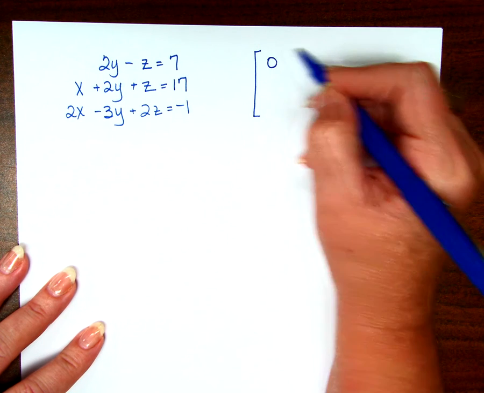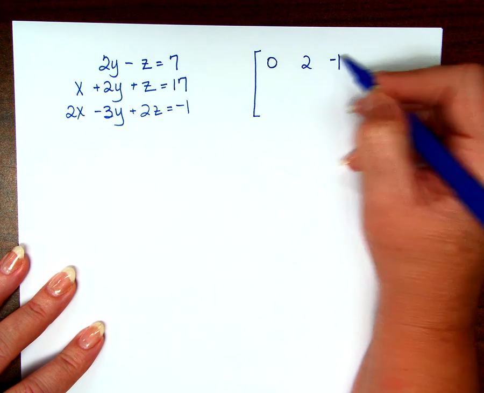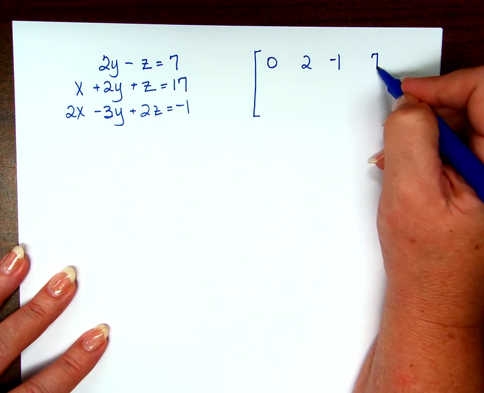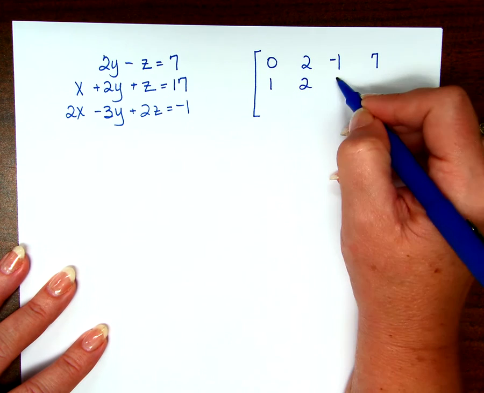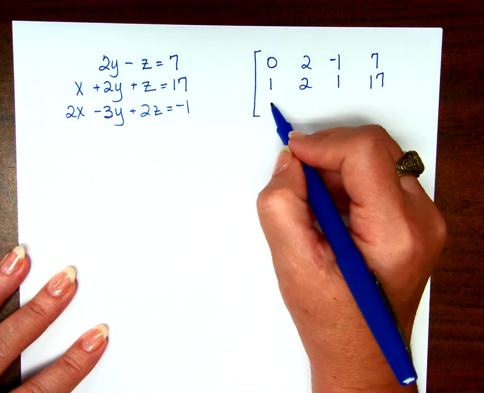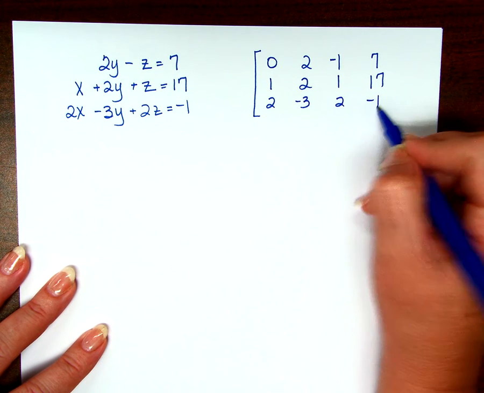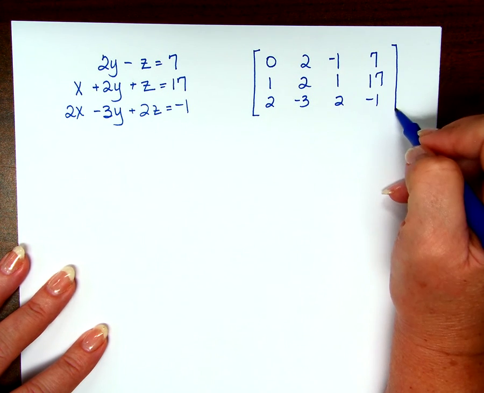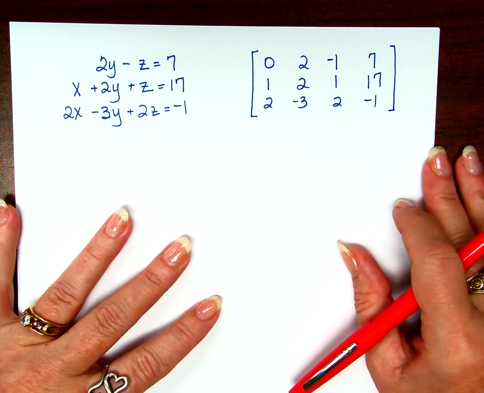So 0, 2, 1, negative 1, 7, 1, yes. So this is how we wrote them, right? In Algebra 2. Here's an augmented matrix.